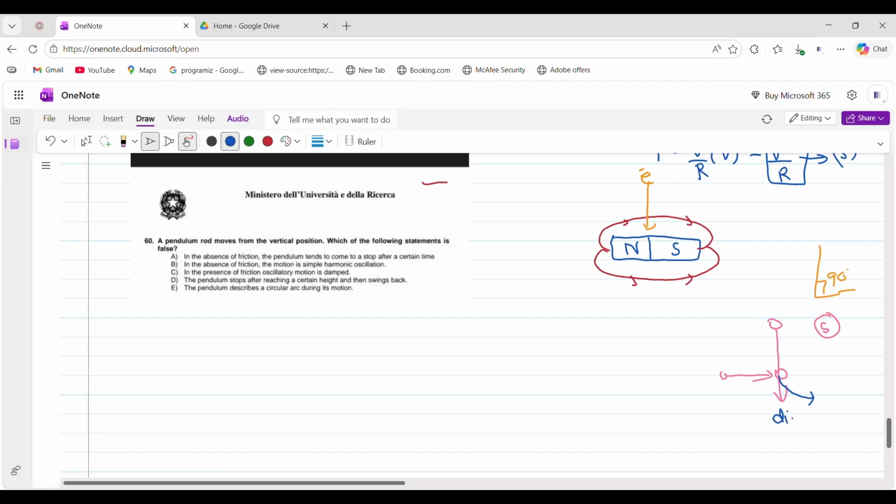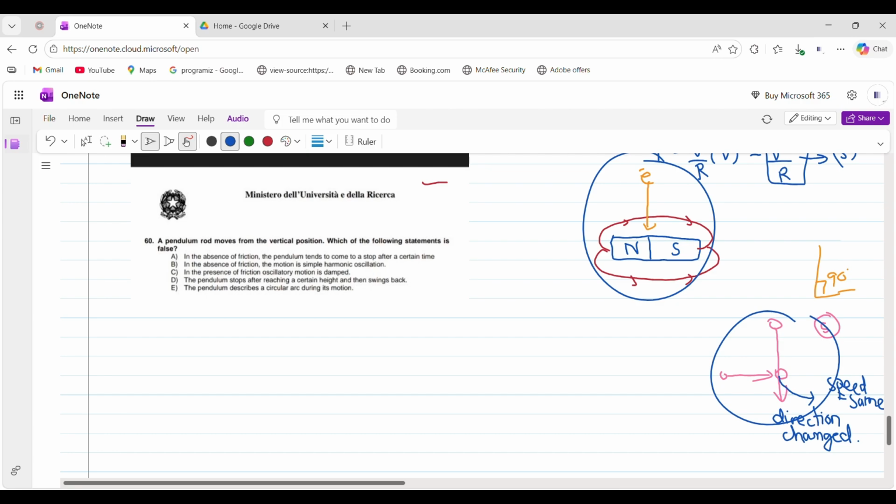So my direction of motion will be changed. However, speed would remain the same. Speed would be the same and direction would be changed. So basically I've made this scenario in order to explain this to you. So basically I have supposed that this electron is the bike I'm sitting on, okay? And that bike is coming straight, right? And magnetic fields are basically from north to south, meaning sideways.